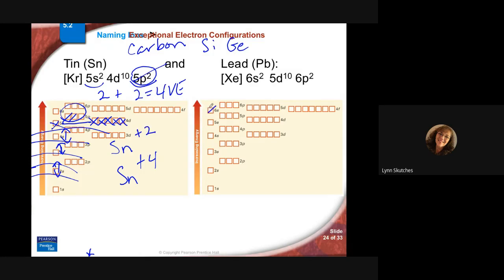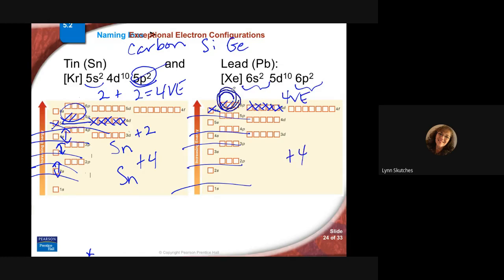Lead, of course, is even bigger than tin. It has even more layers, but it follows the same pattern. 2 s and 2 in the p, it has 4 valence electrons. It will form a +4 charge, and also sometimes it forms that +2 charge.